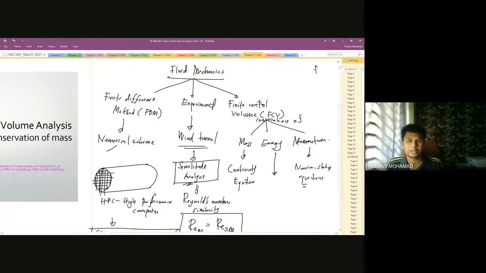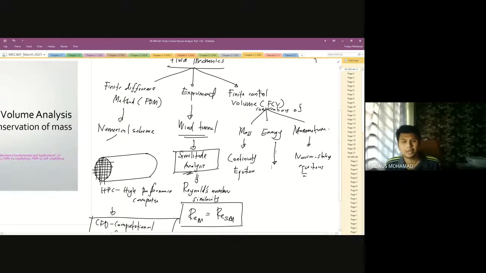For energy in this chapter, we will be learning how to apply the energy equation in order to find the pressure difference, for example, to find the pressure head, the velocity head, and the elevation head. All those things we will be learning in this chapter, which is chapter number 3.